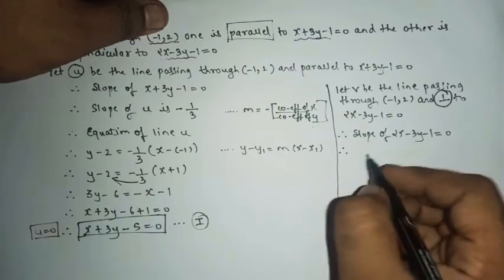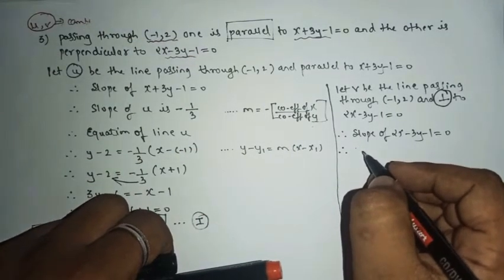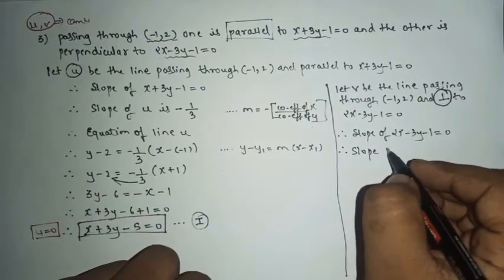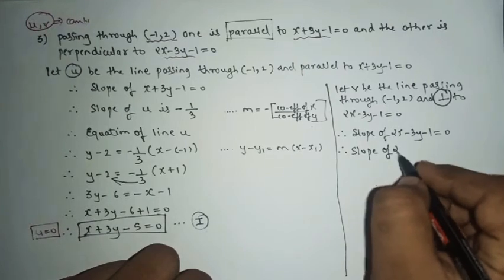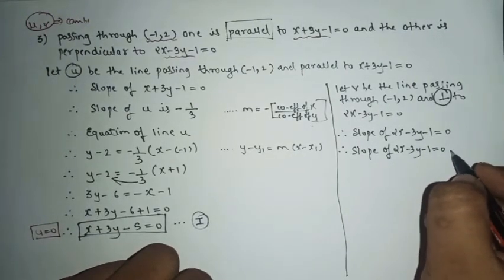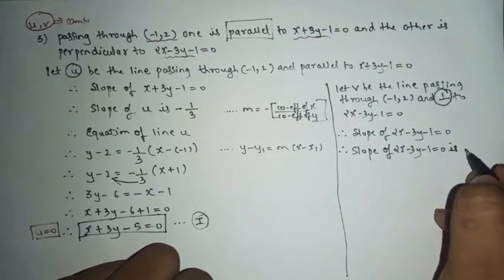So therefore, yes or no, slope of 2x minus 3y minus 1 equal to 0 using this formula will be what?